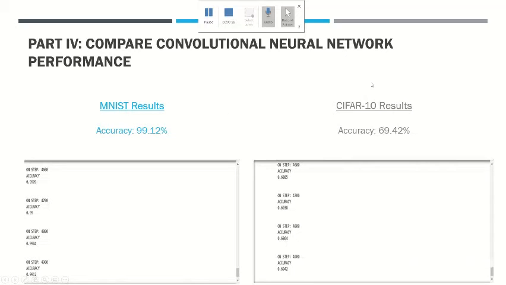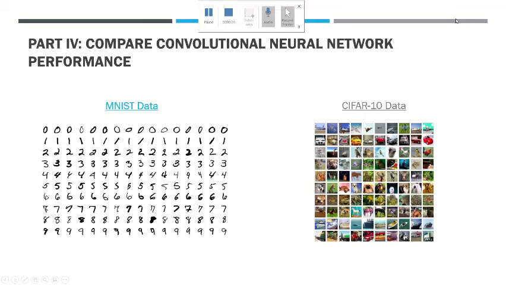On the right-hand side, we have the CIFAR-10 results of the model. That is the model we created in this project, and we ended up having an accuracy of 69.42%.